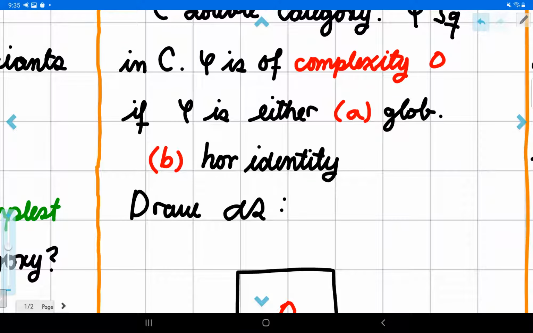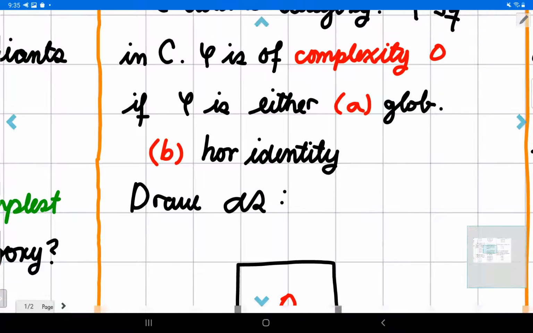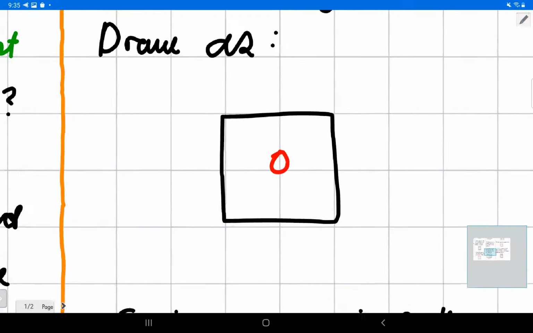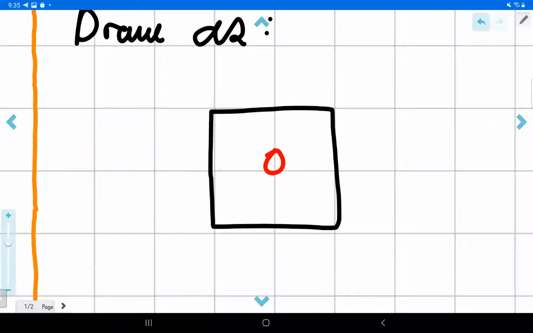If phi is one of those simplest possible squares in C, that is. We'll say that phi is a square of complexity 0 if phi is either a globular square or a horizontal identity square in C. So we draw squares of complexity 0 in our double category C like thus.